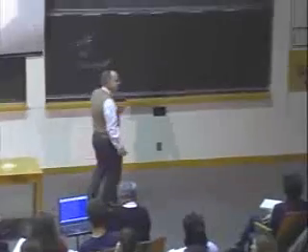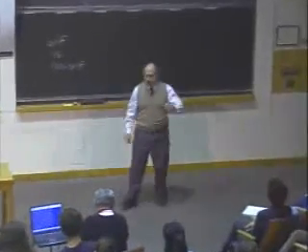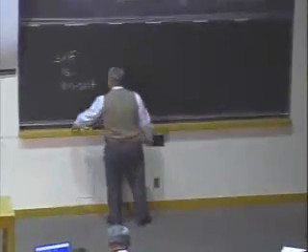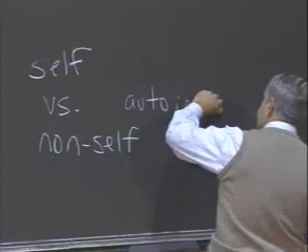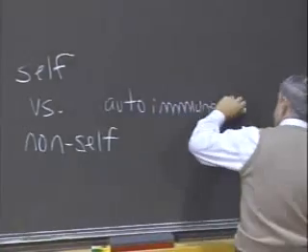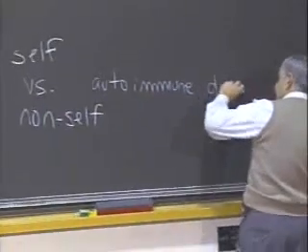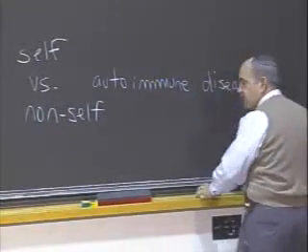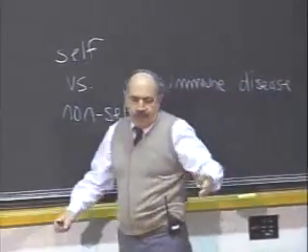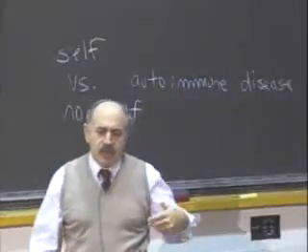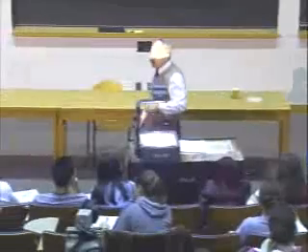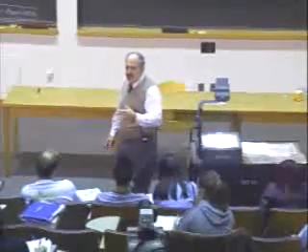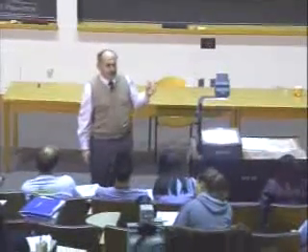What happens if that elimination fails to occur properly? If it fails to occur, one has the process of autoimmune disease. And there are multiple autoimmune diseases. Type 1 diabetes, early onset diabetes, happens when the immune system recognizes antigens that are present in the islet cells in the pancreas that make insulin.